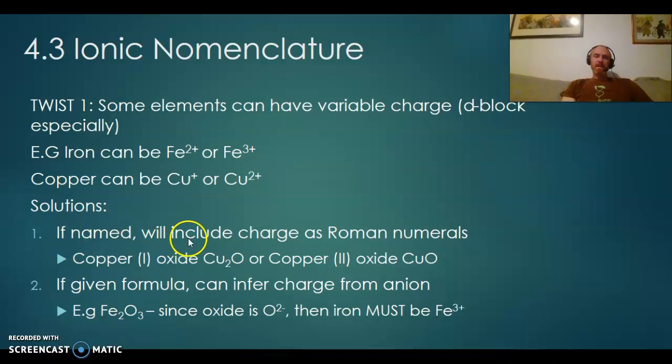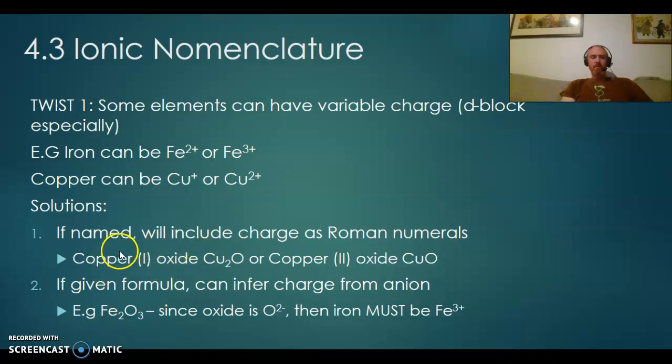If you're given the name of the compound, then it'll have to include the charge as Roman numerals. So you'll see sometimes copper in brackets I, bracket, oxide, which means copper 1 oxide.